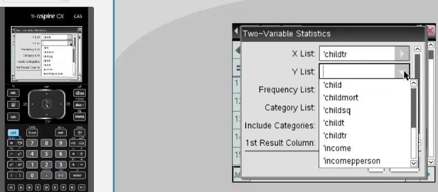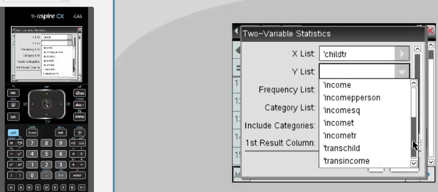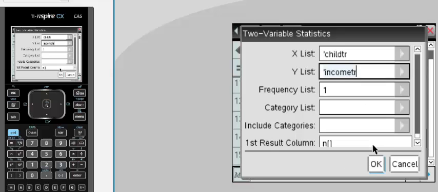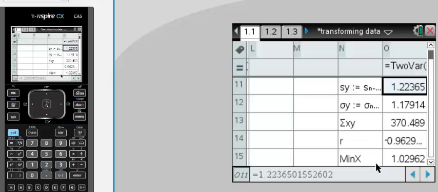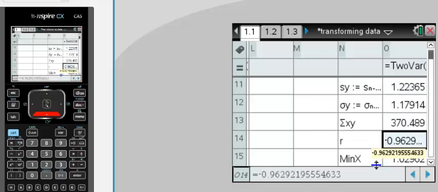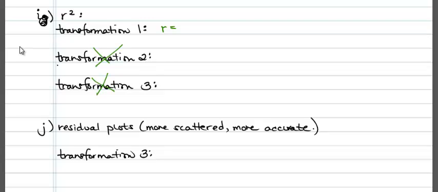So this is when we transformed both of them. Transform the child, transform the income. It's the natural log of both, and we end up with an R of negative 0.96. And when we square that, we'll go back to our sheet. R equals, and again, we don't have to write down those other ones, but I did want you to see how the differences are in the R value.